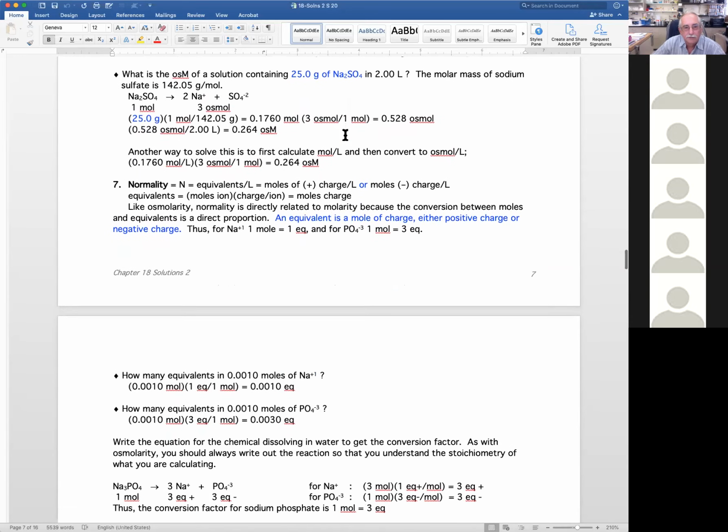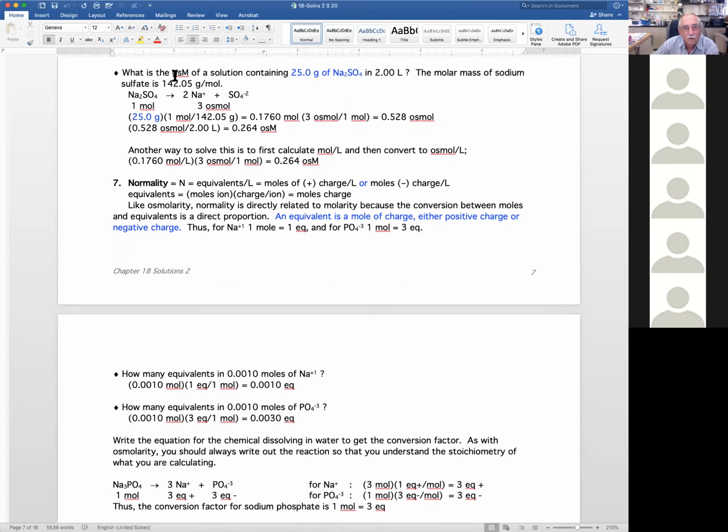Let's go down to the hardest one. What is the osmolarity of a solution containing 25 grams of sodium sulfate in 2 liters? So I need this conversion factor. 1 mole gives me 3 osmoles. So I got 25 grams, convert that to moles, then into osmoles, and that's in 2 liters, so the osmoles per liter is half of that.